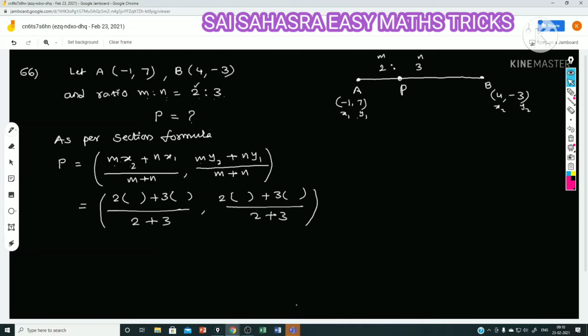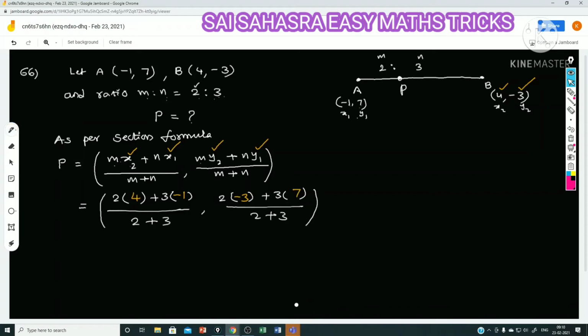Here I did not write the x1, y1 and x2, y2 values. Let us write now. This is x2. X2 means what? 4, no? So this 4. X1 means minus 1, so that minus 1 we will write here. This is y2. Y2 means minus 3, so that minus 3 I am writing here. Y1, what is y1 here? 7. Is it clear everyone, this one?